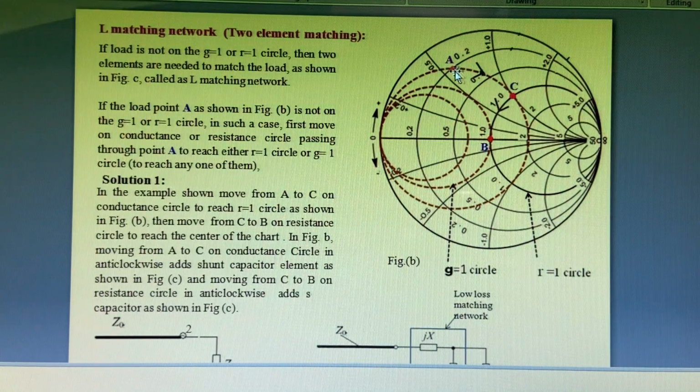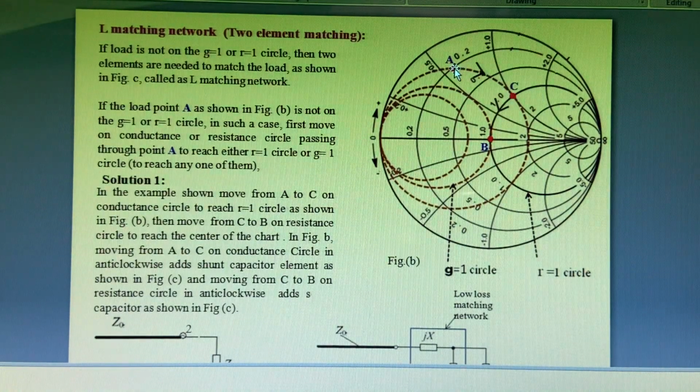To reach the R is equal to one circle, from here we should move on the conductance circle like this. If we move over this conductance circle, it will intersect the R is equal to one circle at C. So start from A, move on the conductance circle in the clockwise direction up to point C, the intersection of the R is equal to one circle and this circle.